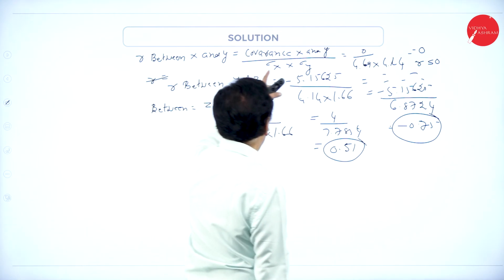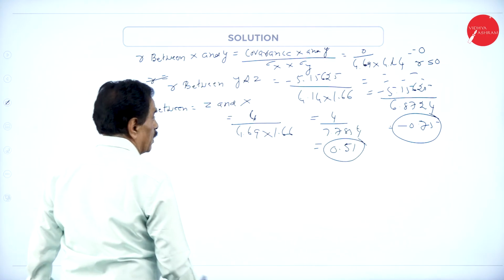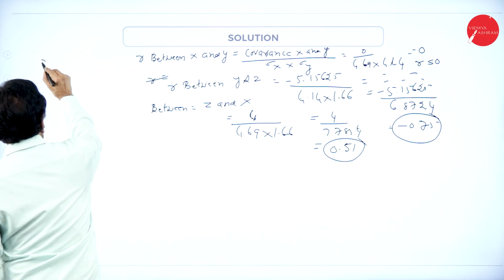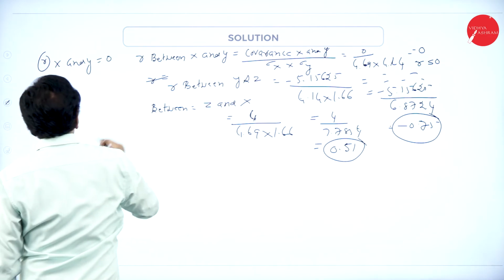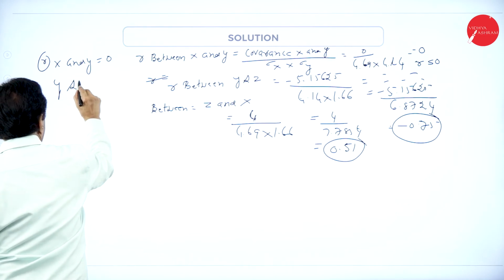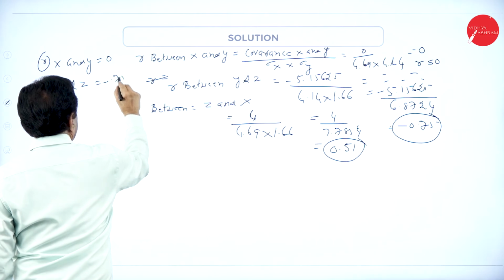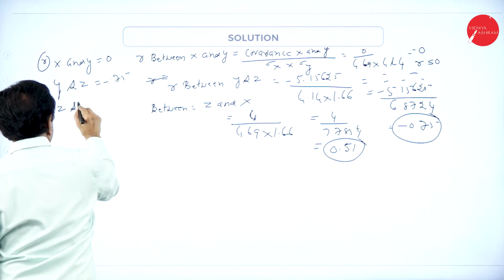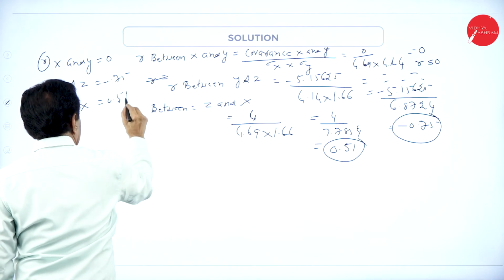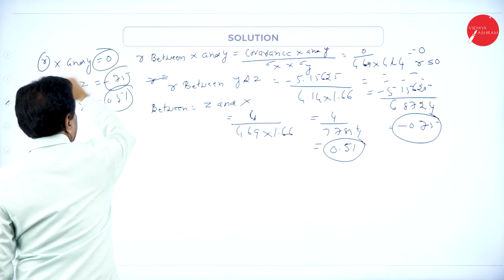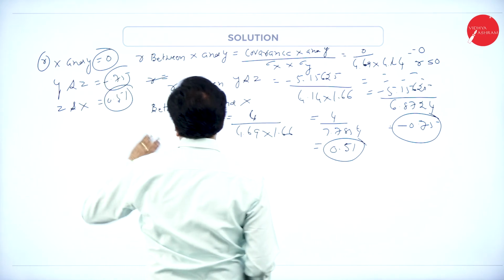So between R and S, covariance is 0. Between X and Y, R is 0. Y and Z, minus 0.75. Z and X, 0.51. We have found out the covariance, and X and Y also are found out.